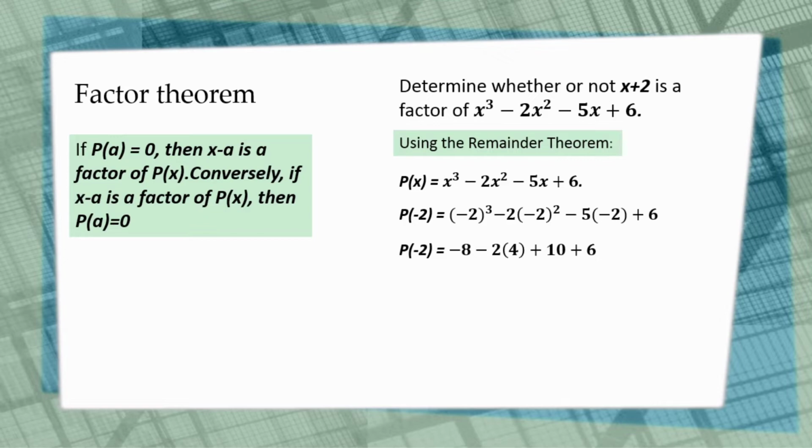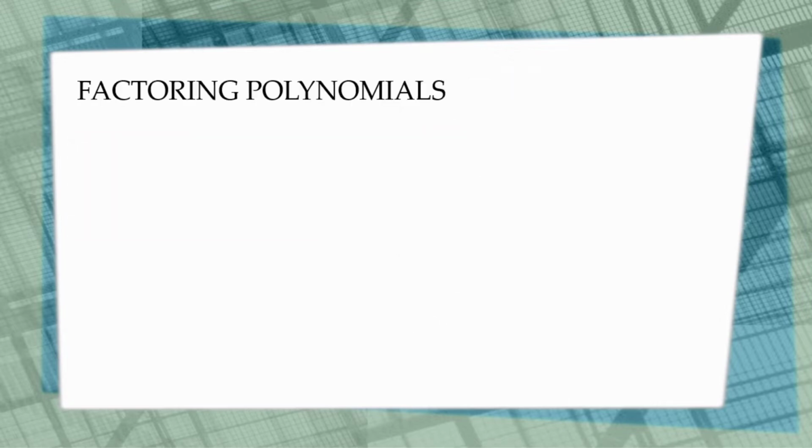P of negative 2 equals negative 8 minus 2 times 4 plus 10 plus 6, which is negative 8 minus 8 plus 10 plus 6. Then p of negative 2 equals 0, meaning that x plus 2 is a factor of x cubed minus 2x squared minus 5x plus 6. These two theorems have something to do with our topic, which is factoring polynomials.